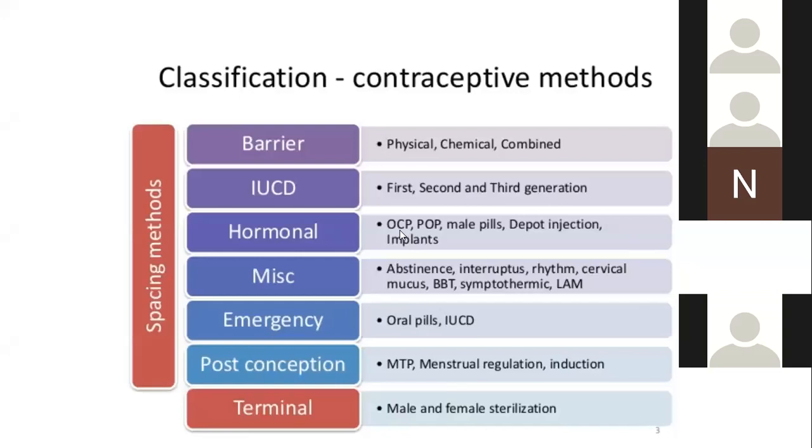So these are again things that you need to counsel a patient about if you're suggesting these methodologies. The depot injection is good, but the only problem with the depot injection is that the return to fertility may take up to a year. So, for a nulliparous woman, it is not the best method.